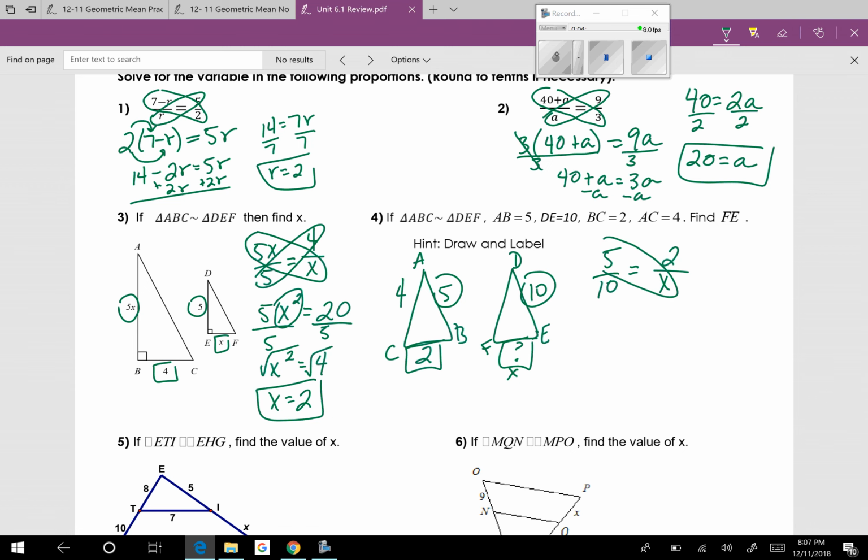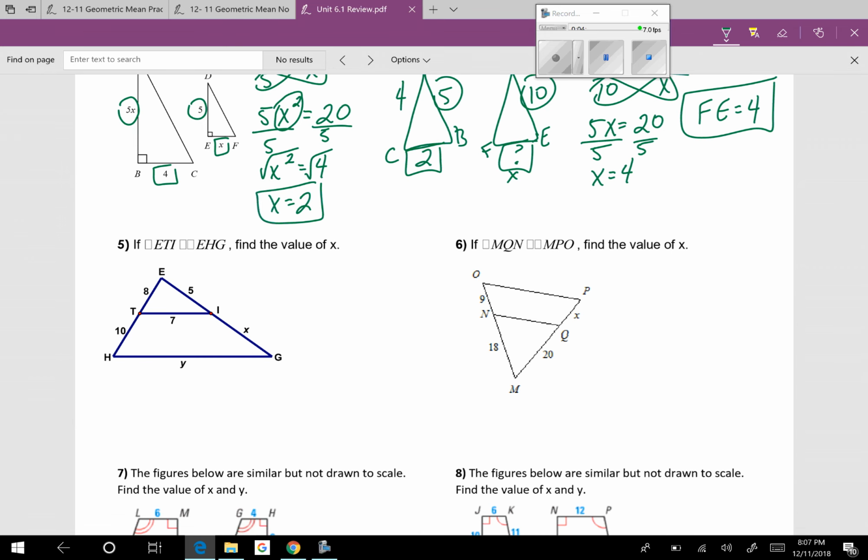So we have 5 times x, that's 5x, and then 10 times 2, that's 20. So 5 times x is 20, divide by 5. So you have x, 20 divided by 5 is 4. X is 4. Now look at FE. What is FE? It's just x. So FE is 4.